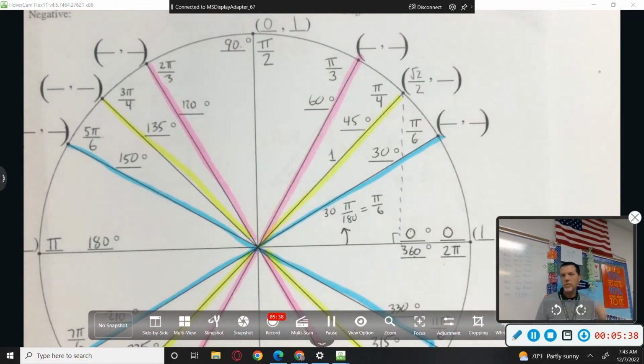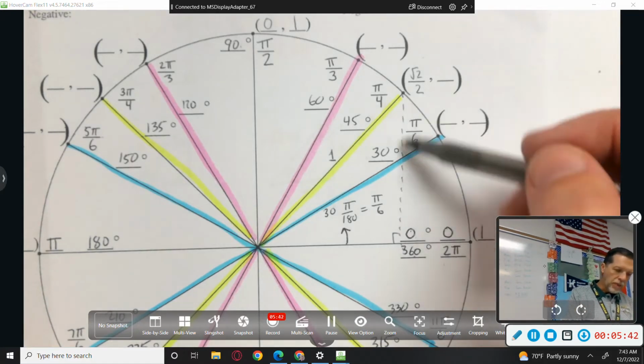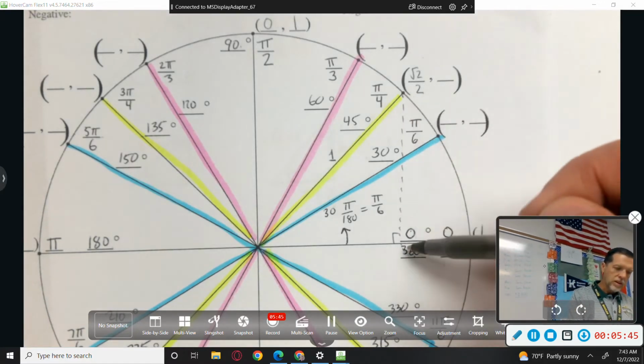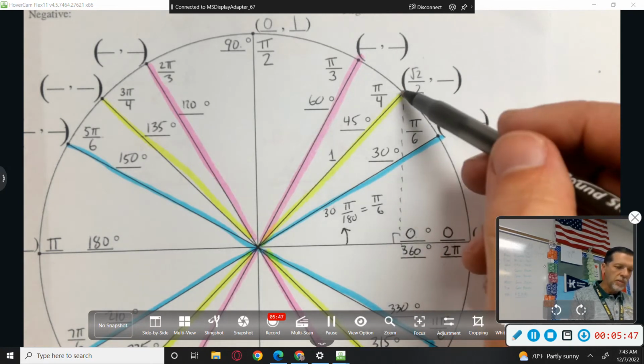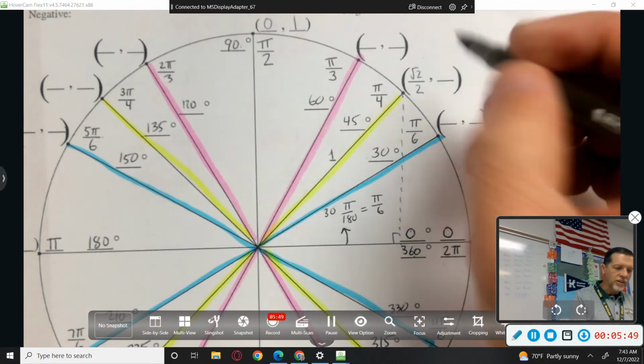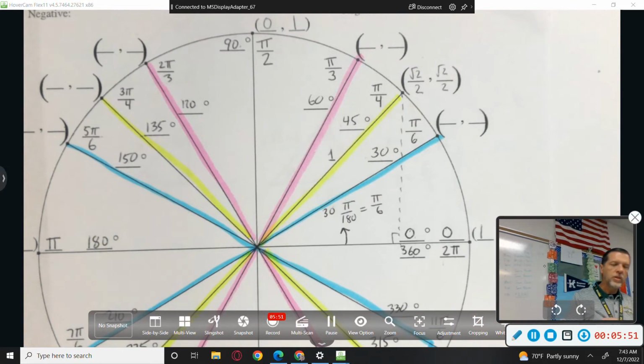They're more like fraction bars. What about the y coordinate? Same thing. For the pi over 4s, the x's and y's are going to have the same values. Signs might be different, but same magnitude. So root 2 over 2 and root 2 over 2.